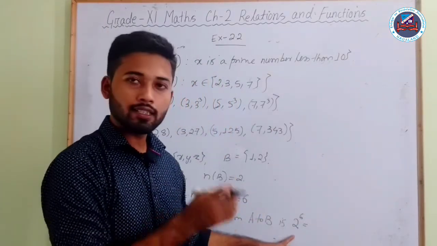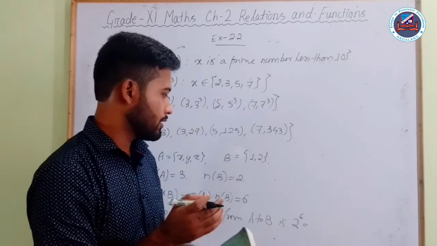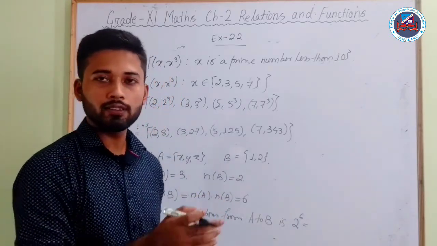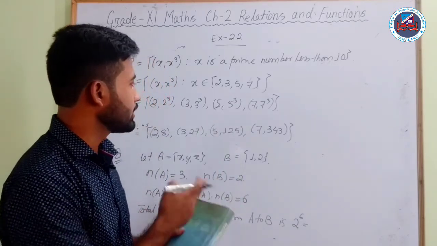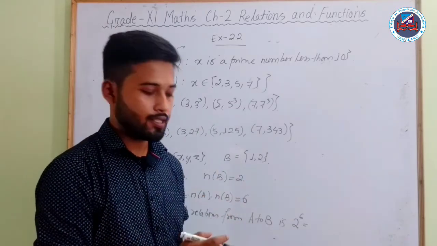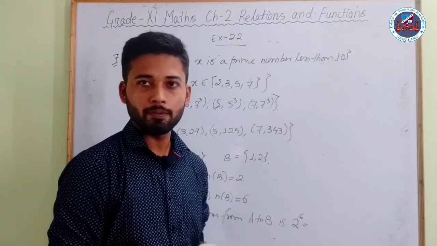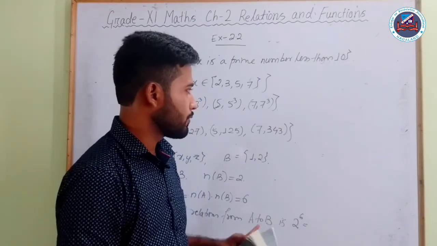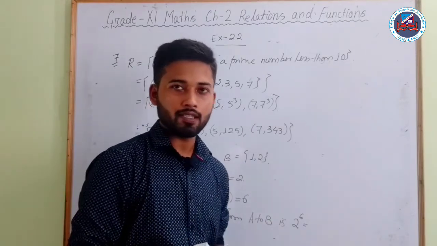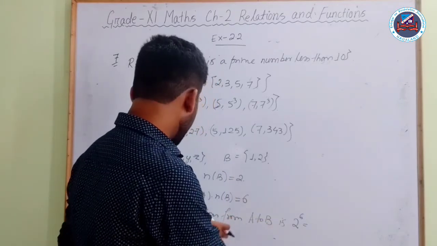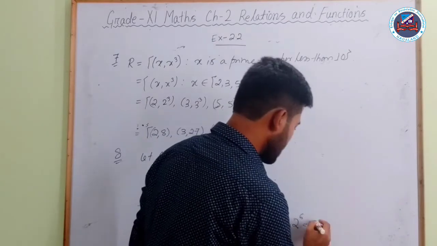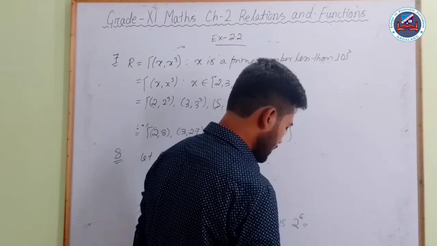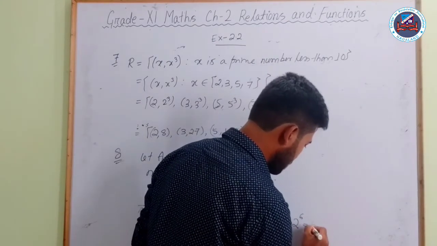It is actually the same as the number of subsets of the Cartesian product of A and B. In the previous video we did a problem on the total number of subsets of A cross B, where we got 2 to the power n subsets. So the total number of relations is the same as the total number of subsets, that is 2 to the power 6, which is equal to 64.